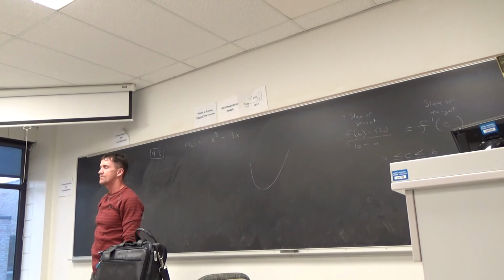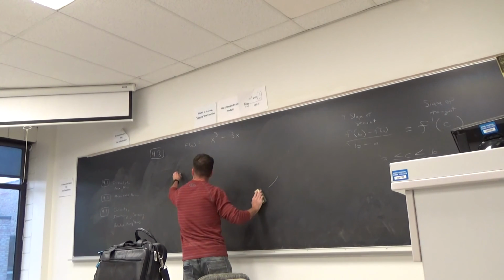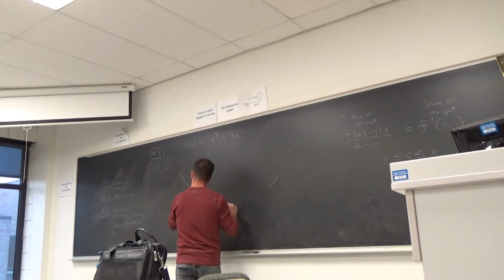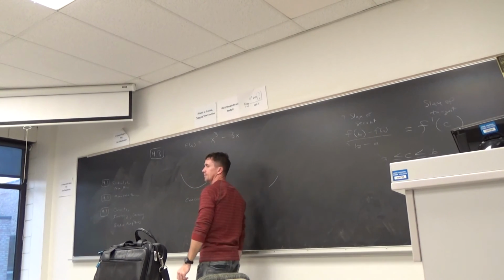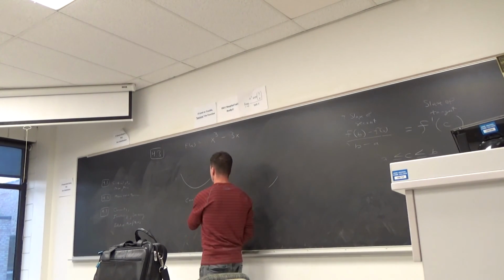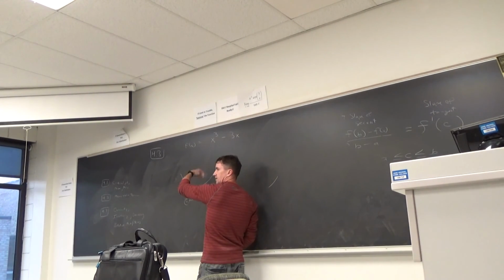Sound good? Now there's another word that's going to come up. It's called concavity. A graph that is concave up will be a function that does something like that. Doesn't that look like a cup? I, on purpose, misspelled concave up: C-U-P, cup, like a cup.